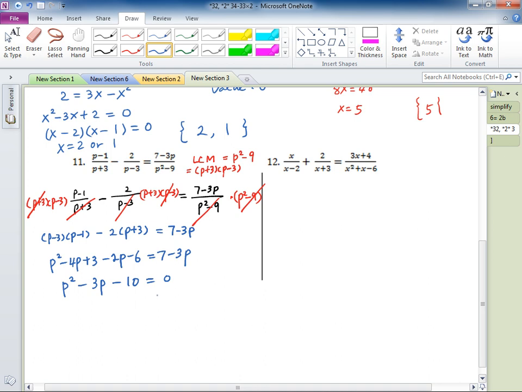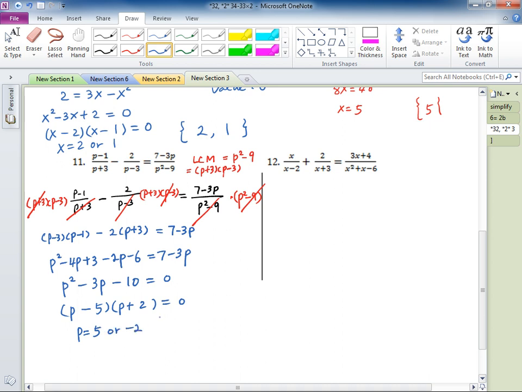So arrange the terms in descending order. What's the next step? Factor. P here, p there, 5 times 2. Higher number 5, same sign. Okay, by using the zero product property, p will be 5 or negative 2.